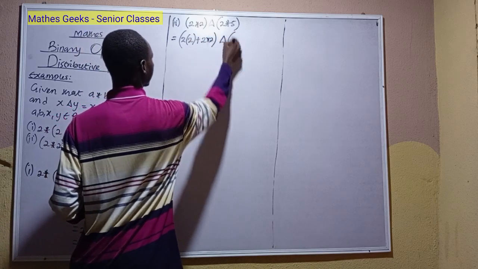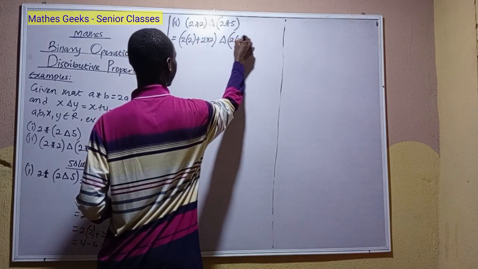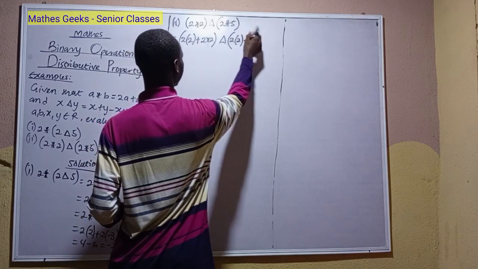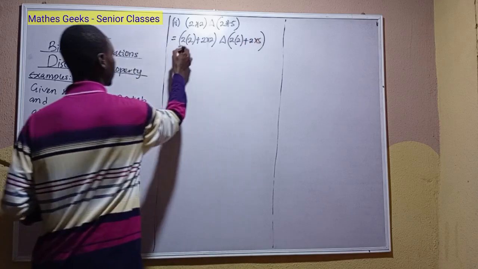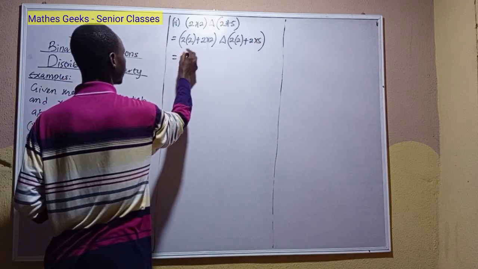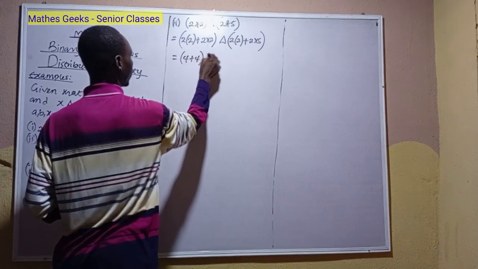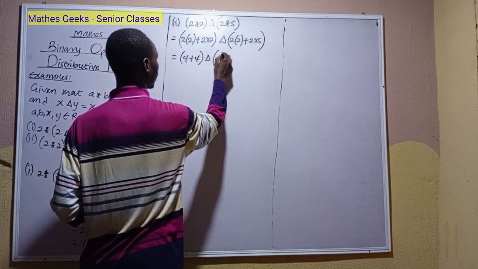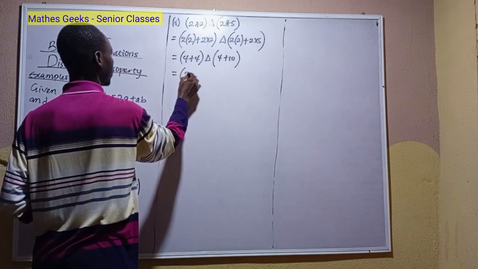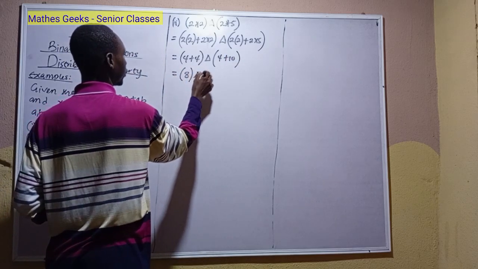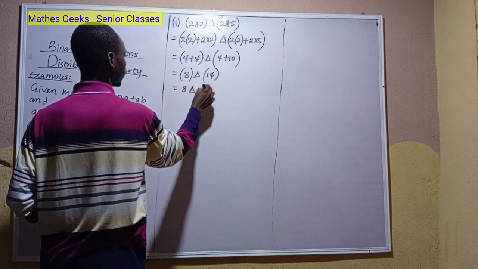Again, and for the other one, a is 2 and b is 5. This will give us 2 times 2 is 4, plus 2 times 2 is 4, that is 8, ∇ 4 plus 2 times 5, 10, which is 14. So this will give us 8 ∇ 14.